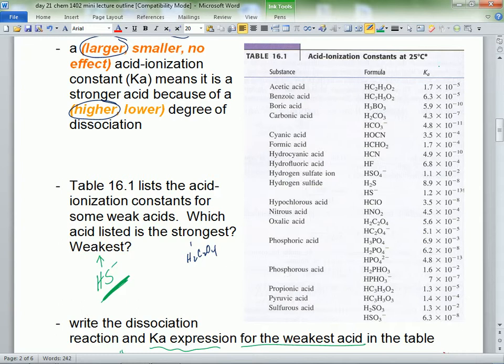So that means I'm going to pick an acid that you have to do the quadratic formula on. Which one could I pick? And you have to do the quadratic formula. Does anyone see what I'm driving at?